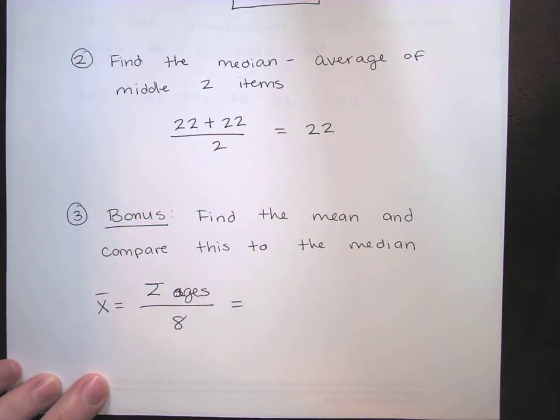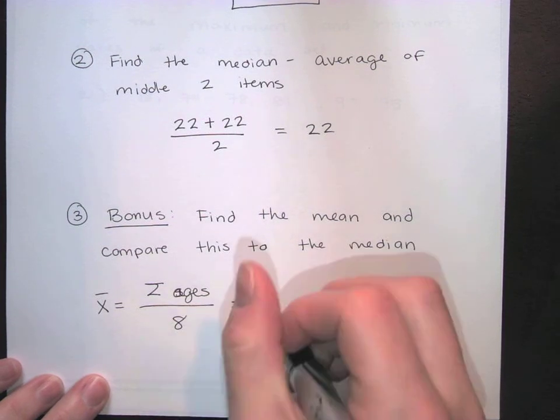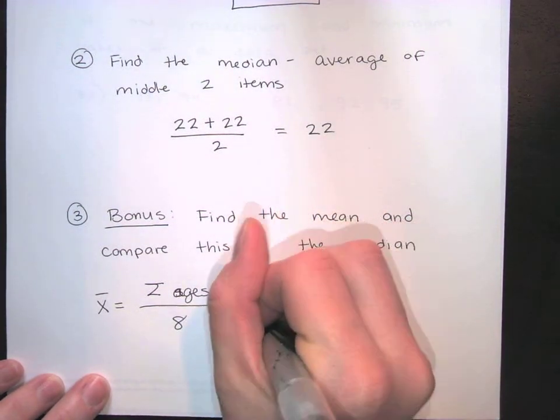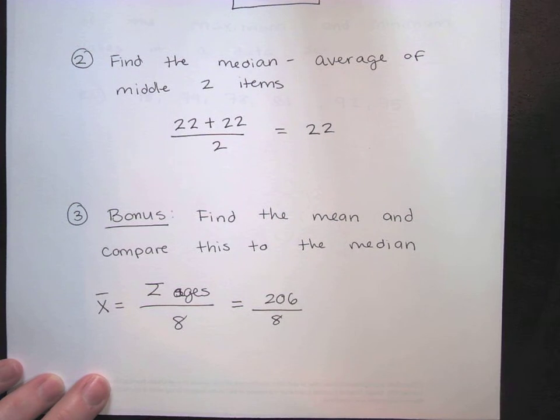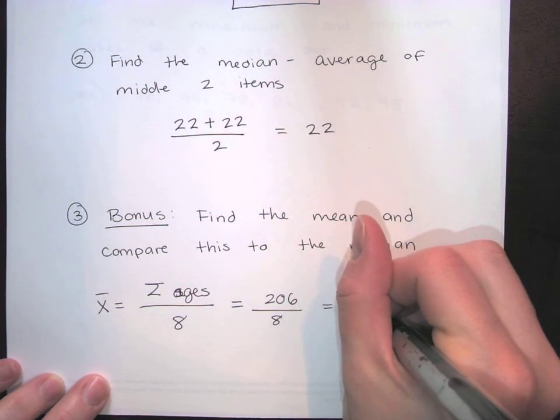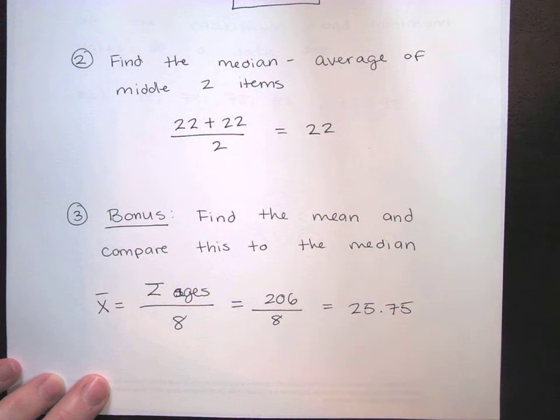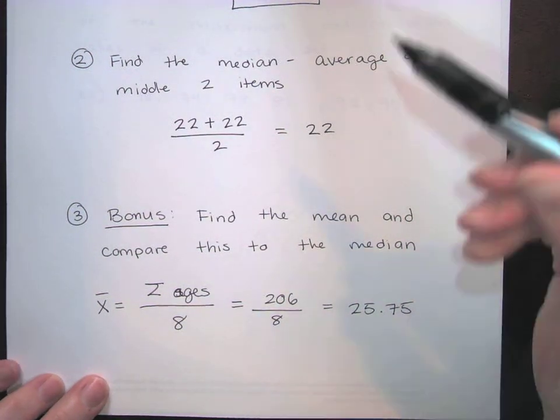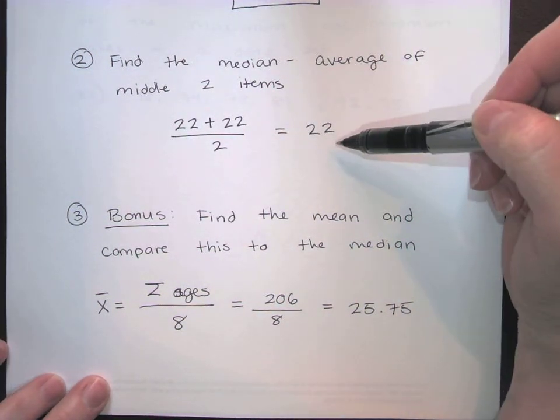If I add up all those ages, 21 plus 22 plus 30 plus 21 plus 21 plus 22 plus 31 plus 38 is 206. Divided by 8 is 25.75.